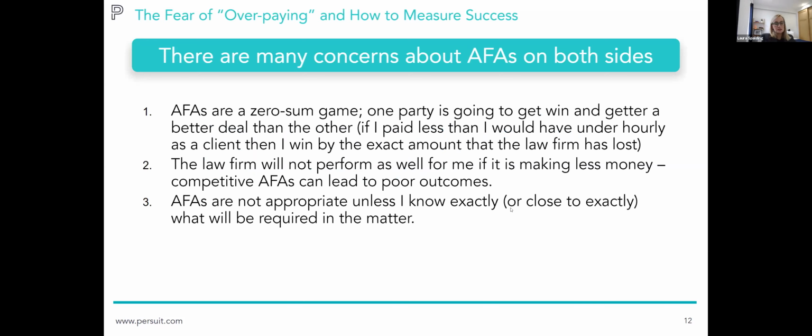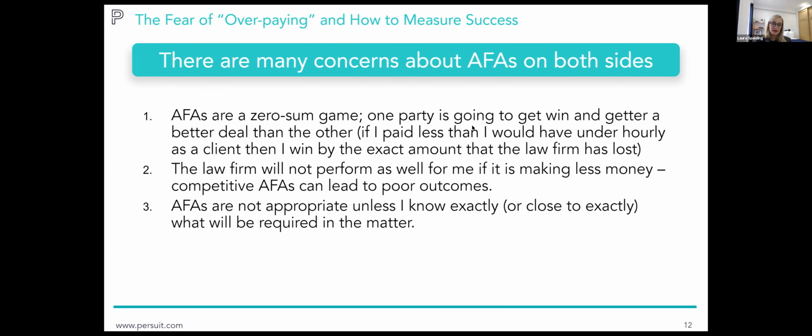Yeah. So there are many concerns that are brought up from clients and law firms about the use of AFAs. The first main one is that one party is going to win and one party is going to lose. So ultimately, a client is going to get a great deal and the law firm is going to miss out on extra cash that they would get from an hourly rate, or the client's going to be overpaying where the matter doesn't end up taking that much time or effort by the law firm. The second one is that you're going to lose quality.